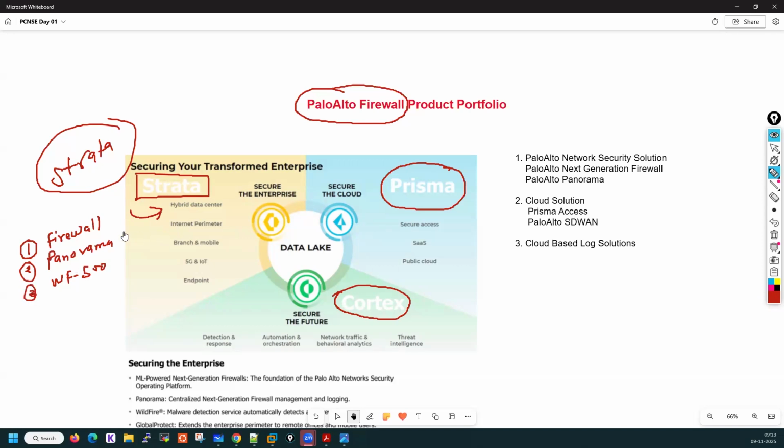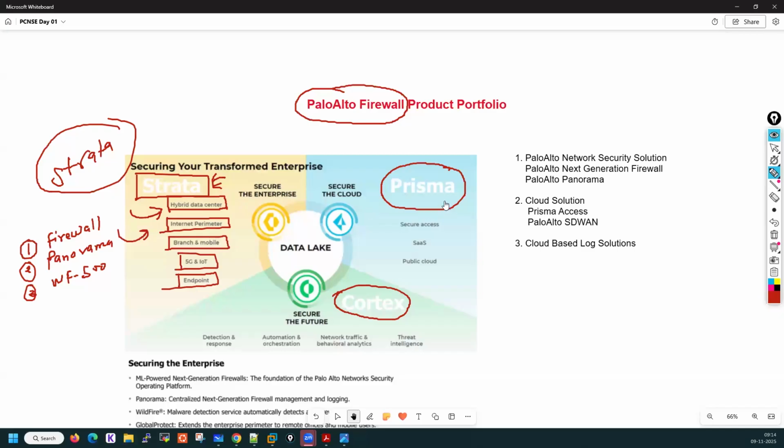That device also comes under the Strata portfolio only. And this Strata product portfolio basically protects us, or we have to deploy it in hybrid data centers, internet perimeters, branch and mobile locations, 5G and IoT locations, and also in the endpoint location.